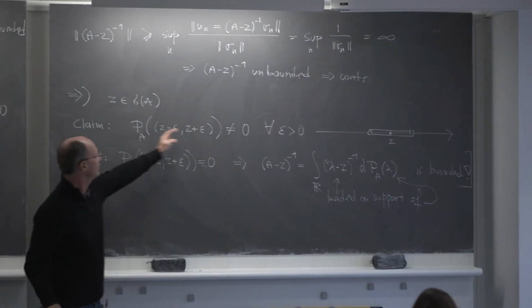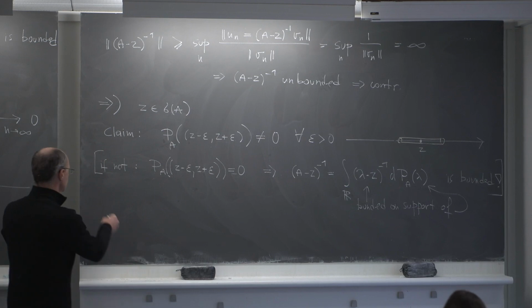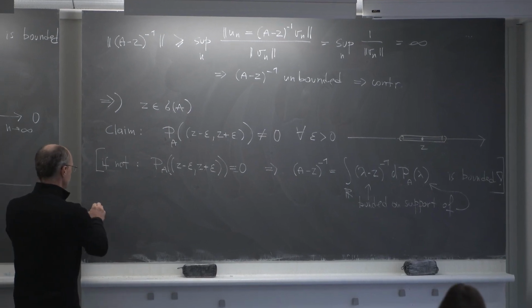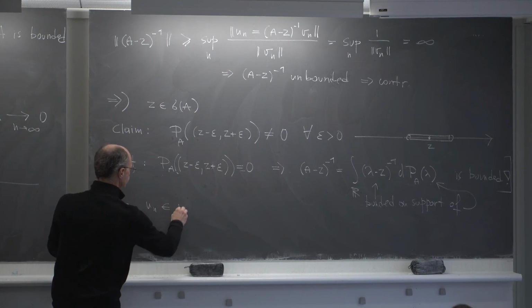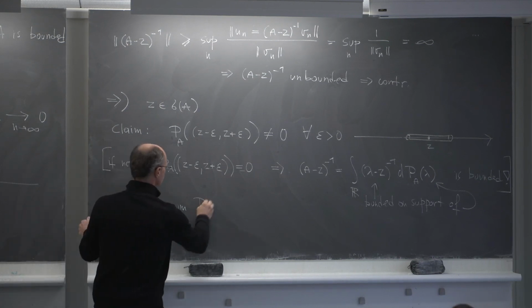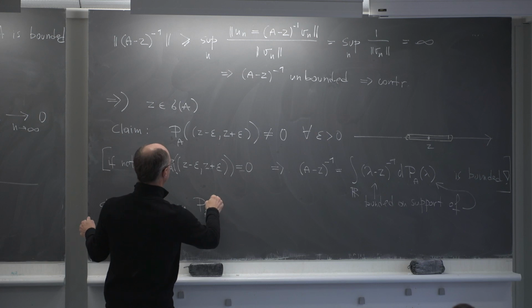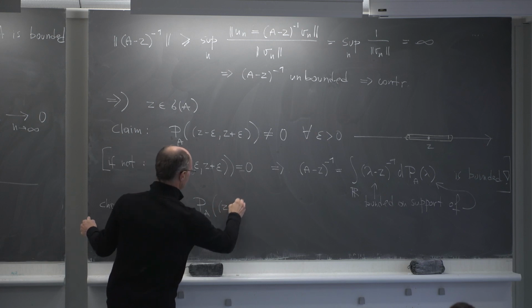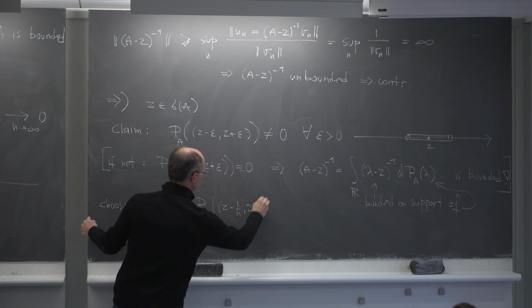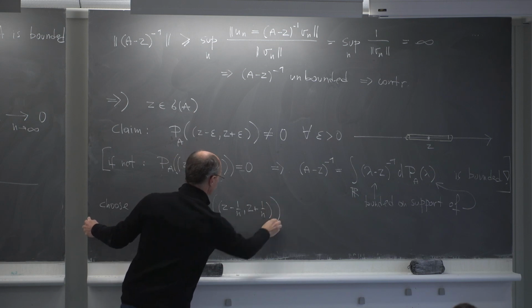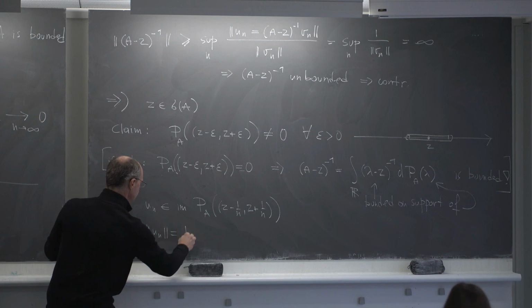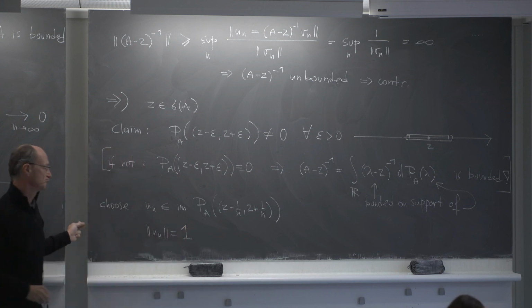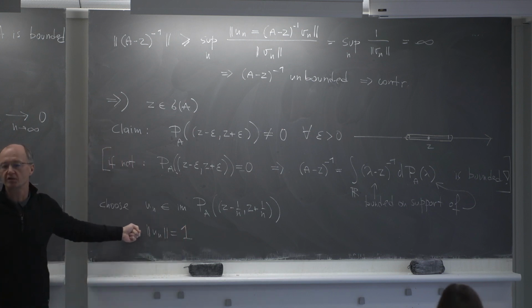Okay, so if they do not vanish, let's do the following. Let's choose UN to be in the image of PA of Z minus 1 over n, Z plus 1 over n. And let's choose them of norm 1.